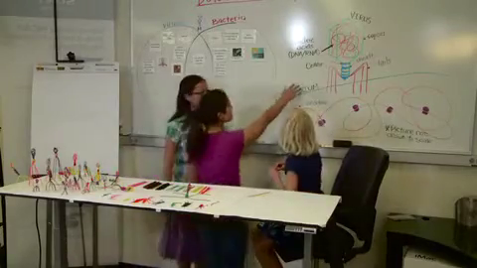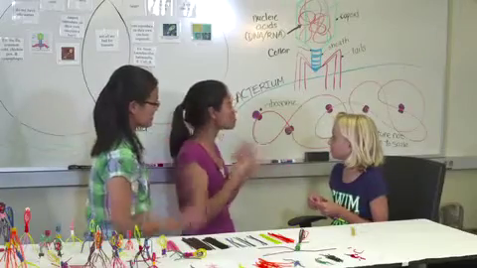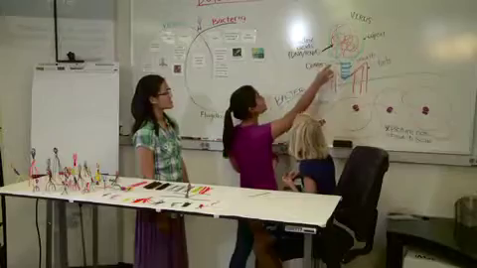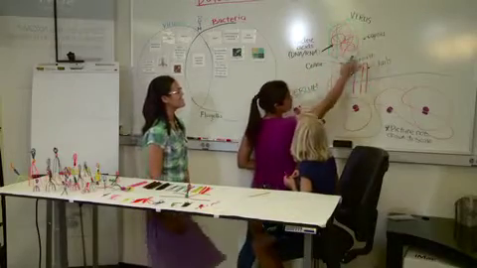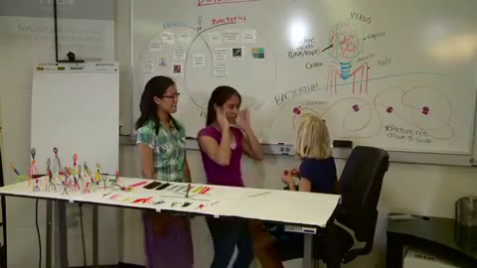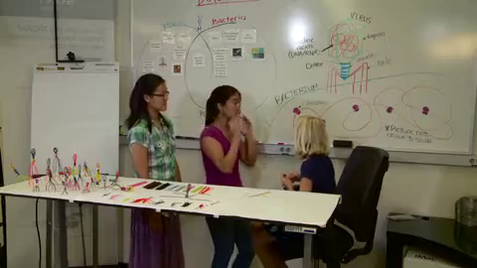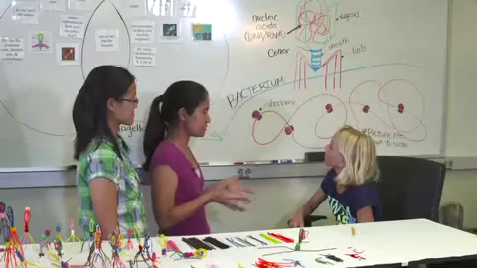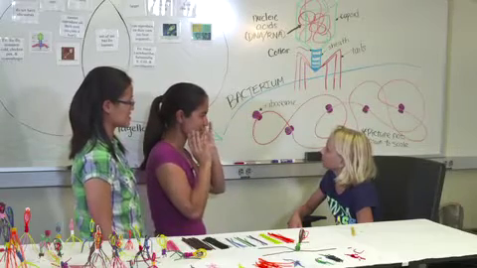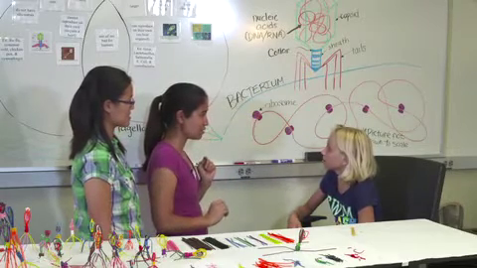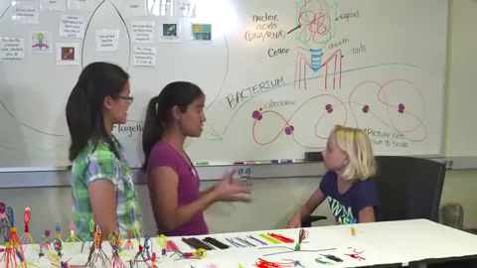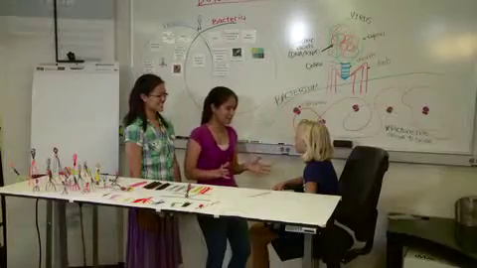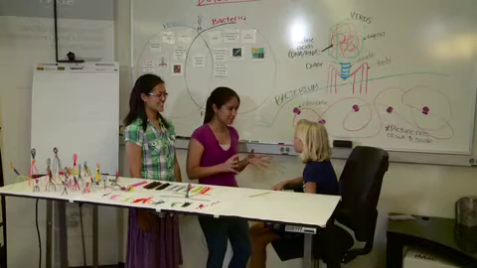Let's make it more like a person. Think of it as an analogy. The capsid, which is this green part, is like your head or your skull, and inside you have your nerves, which combine to make your brain.